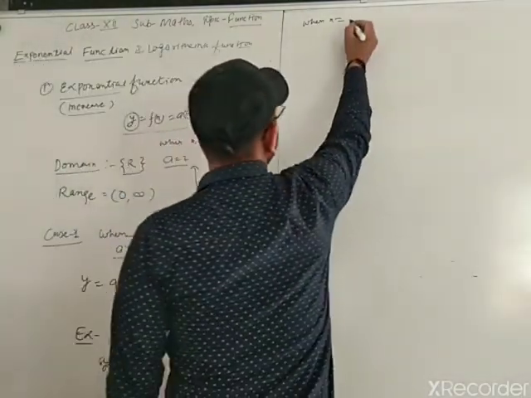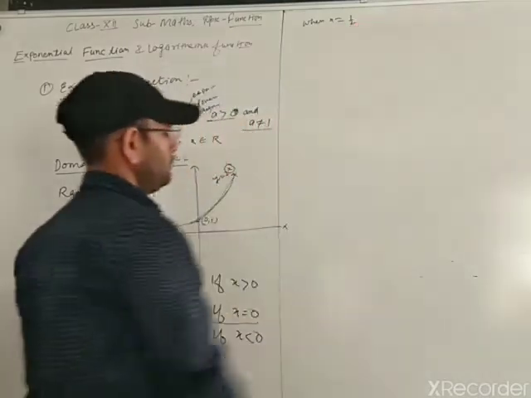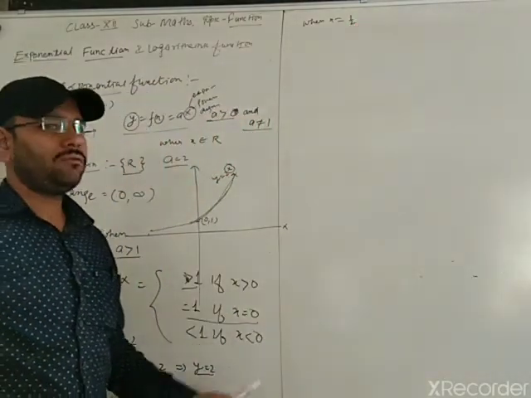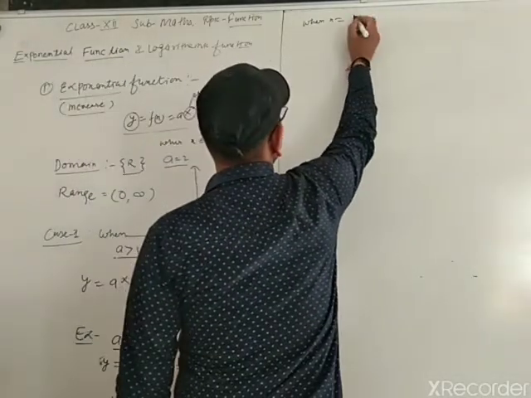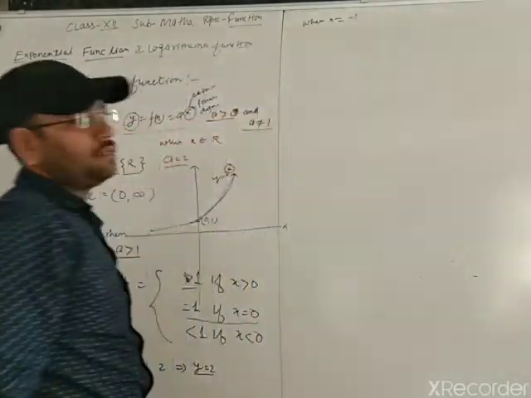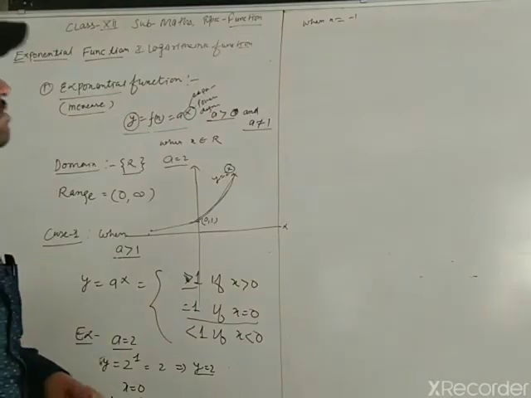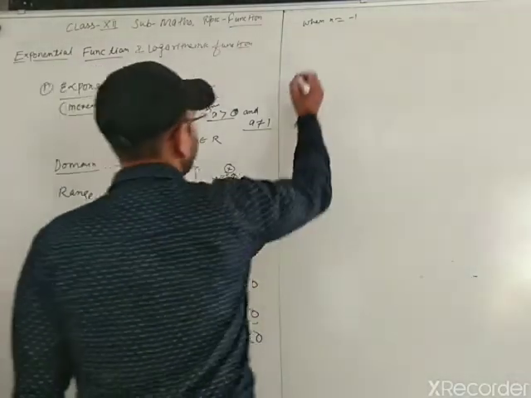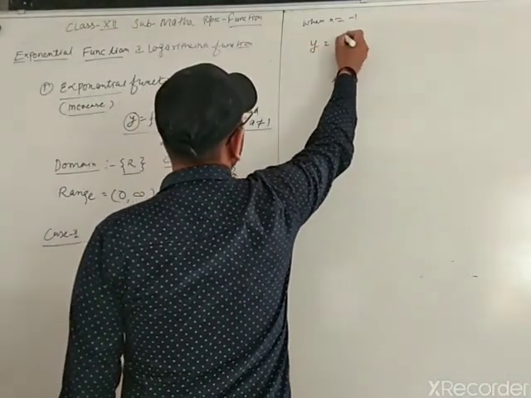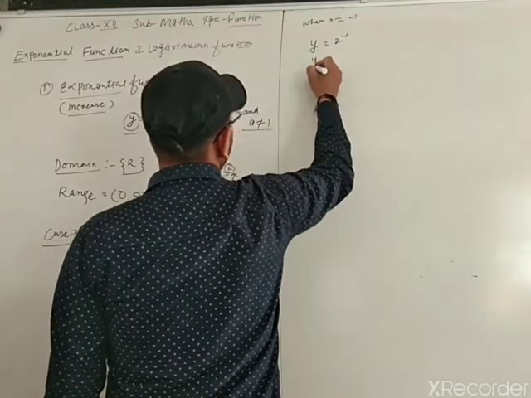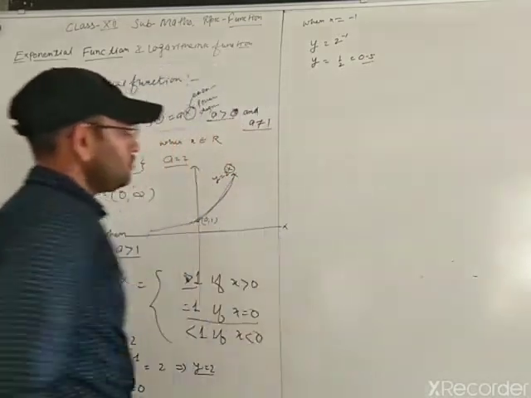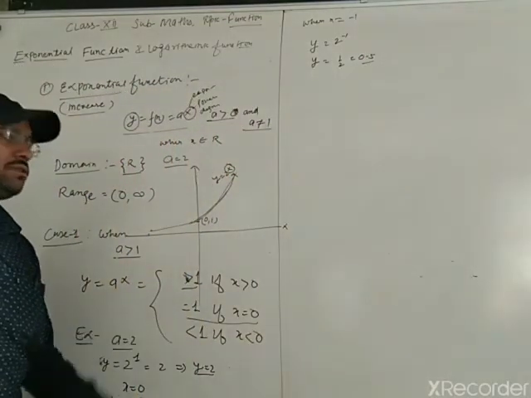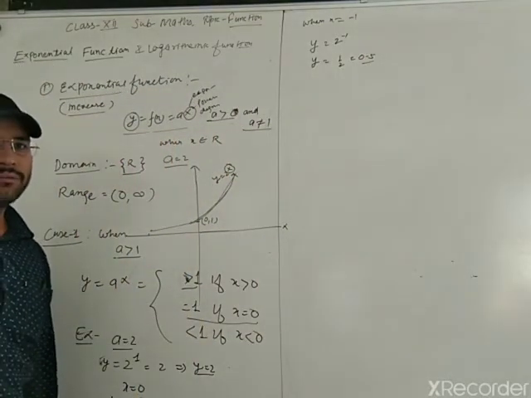So we can take minus 1. Suppose that, minus 1. So y is equal to 2 to the power minus 1, and we can write it as 1 upon 2, which is 0.5. So the value of this is less than 1. I hope that is clear to you?